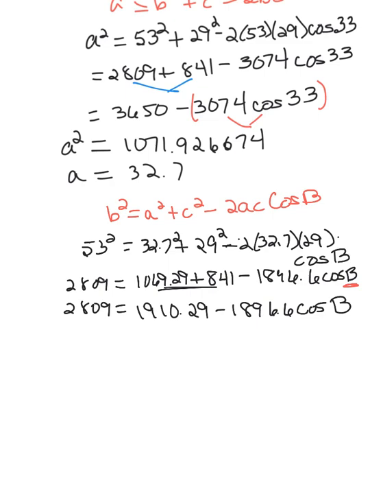In order to solve for that term that has the B in it, I am going to need to subtract the 1910.29 from both sides.